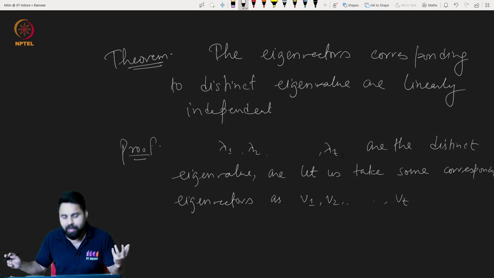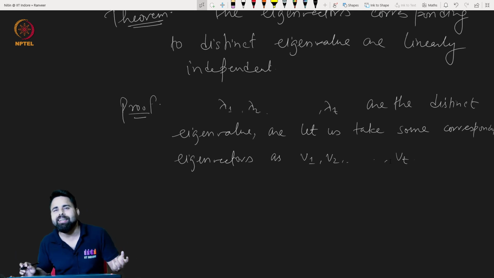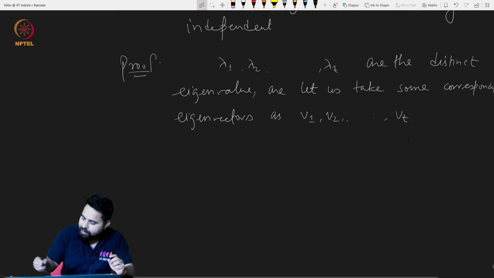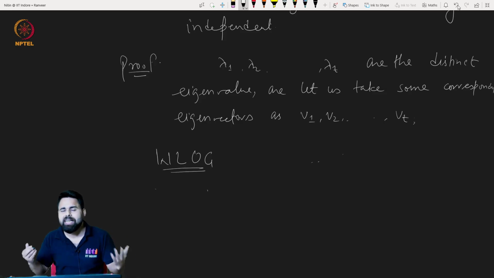Without loss of generality, assume that maximally up to j vectors form a linearly independent set, and that means any set of j plus 1 vectors forms a dependent set.